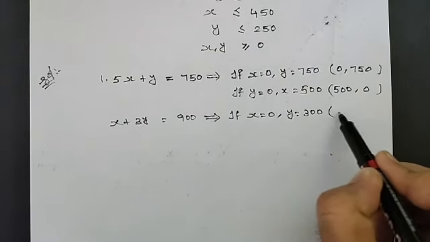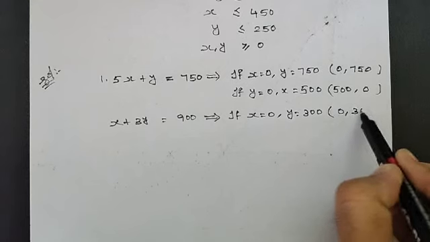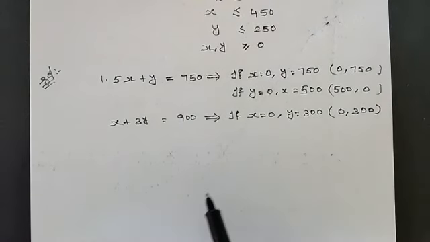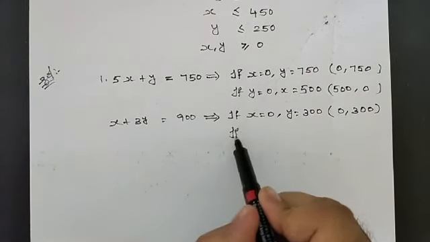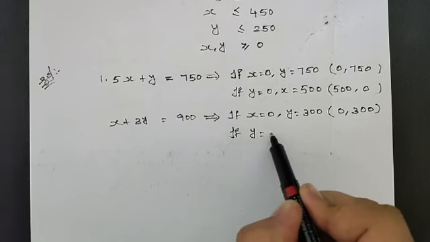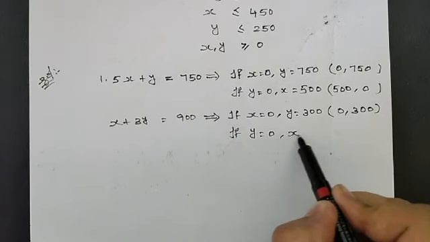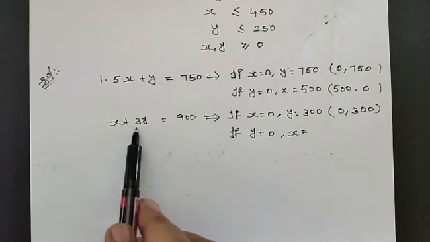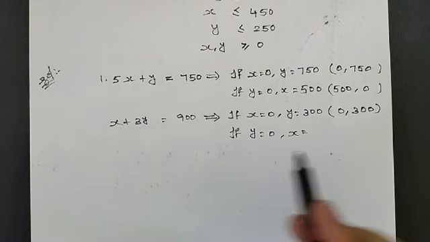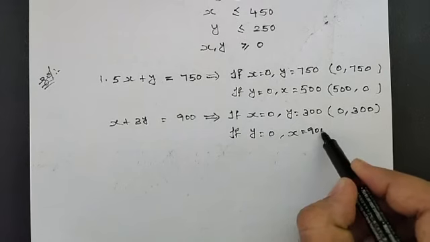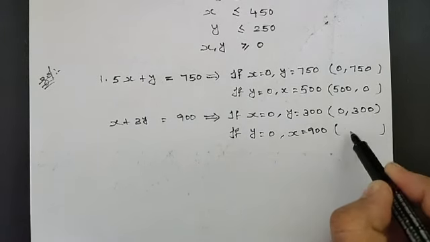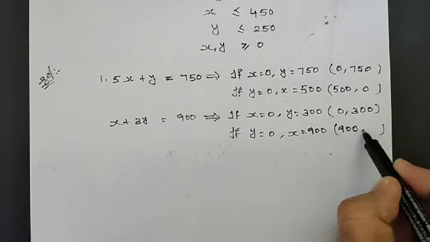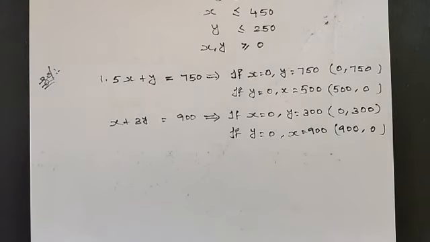So the vertex is 0 comma 300. The second one: if y is equal to 0, then x is equal to 900. So the vertex is x value 900 and y value 0. The second constraint is also over.